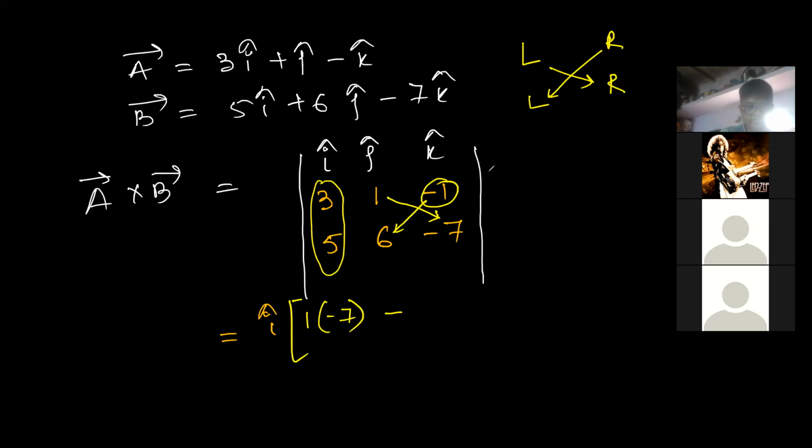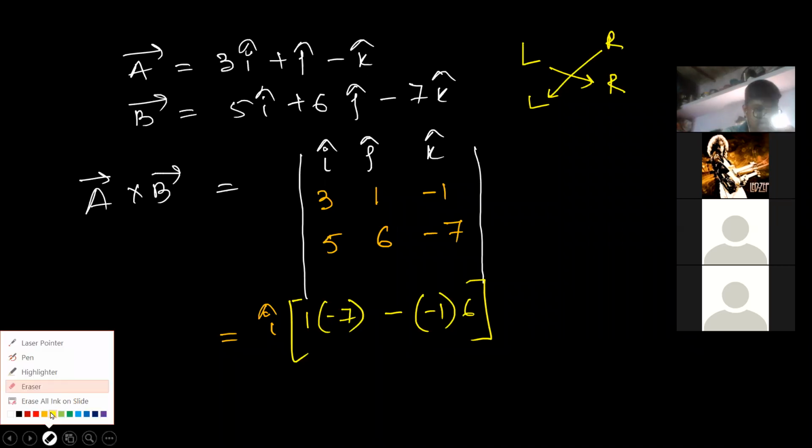Now this is the process with respect to this i cap. We have cross multiplied, but the process of cross multiplication is left to right, then right to left, and we have hidden the column of i cap here. Whether this process is clear for i cap? Yes, sir.